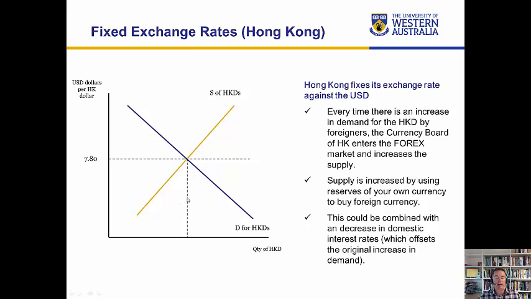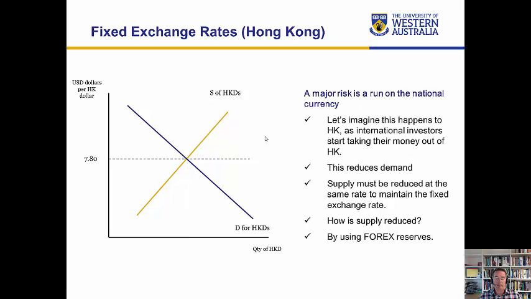How will they increase the supply? Well, they would go into the foreign exchange markets with their reserves of Hong Kong dollars and supply those Hong Kong dollars to the market, and in return take hold of some sort of foreign currency, US dollars, euros. So every time there's an increase in demand, there's got to be the same sized increase in supply.